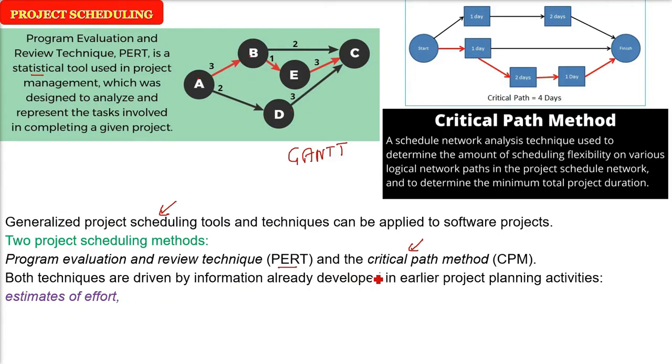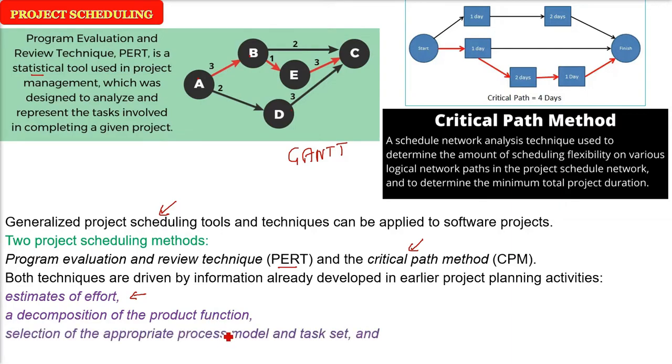For example, if you assume all this has been done, that is, the estimates of the effort and a decomposition of the product function, then along with this, the PERT, CPM and Gantt need certain input and are driven by this input, like the selection of the appropriate process model and the task set, because these tasks will be put in the network or the timeline, and finally the decomposition of the tasks, if the major tasks are there, defining them in a task set.